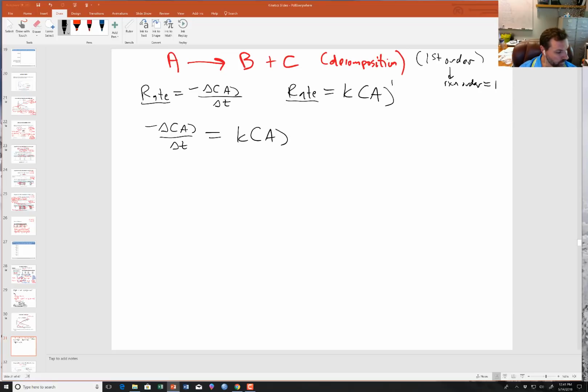Okay, and now we can basically set up a differential equation. So we can express this equality as a differential equation. So now we can say minus dA/dt equals k times A. And now we'll rearrange this differential.